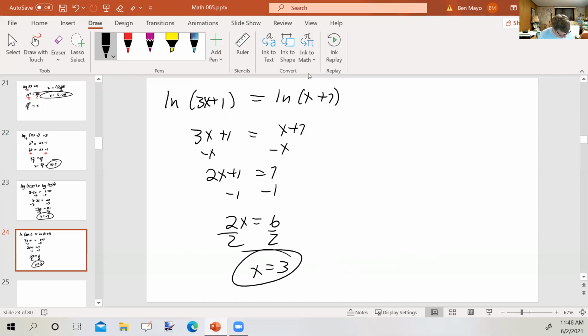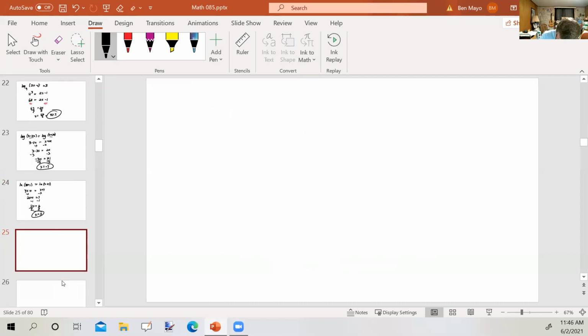Okay, now let's take a look at some problems where we're going to use that formula that I introduced a little while ago. A equals a sub 0 times 2 to the negative t over h power. A sub 0 is the starting amount, a is the ending amount, t is time in whatever units are used, and h is the half-life in the problem.